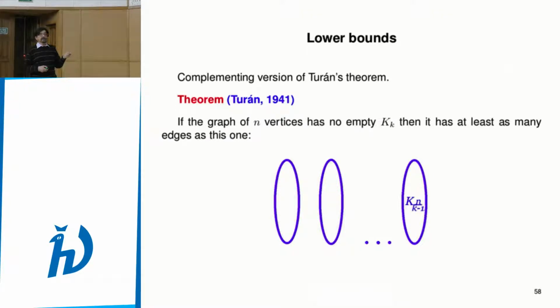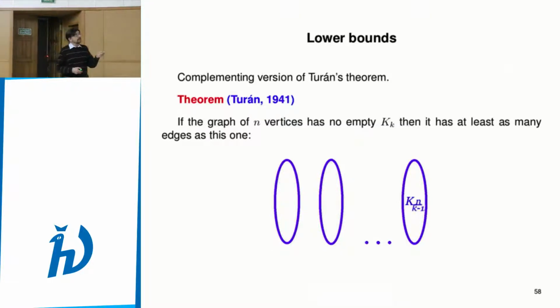So many disjoint complete graphs. Again, here the number of classes is k minus 1.